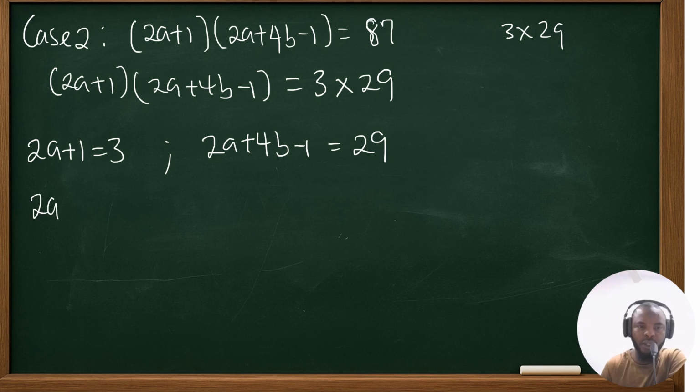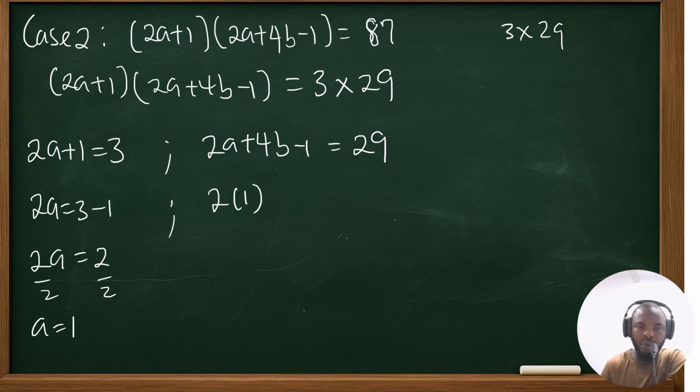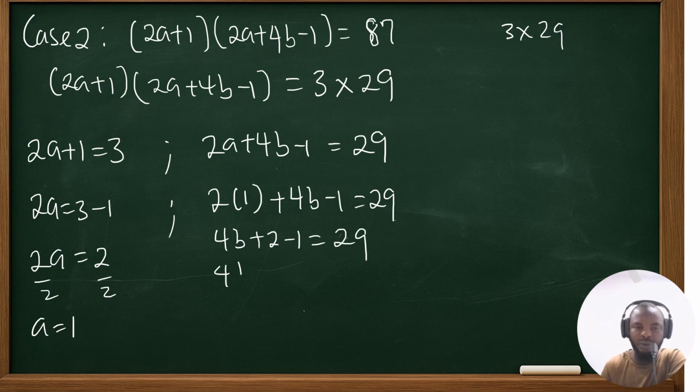So 2a equals 3 minus 1, 2a equals 2. Dividing both sides by 2, a equals 1. Since a equals 1, we have 2 times 1, plus 4b minus 1 equals 29. So 4b plus 2 minus 1 equals 29, which is 4b plus 1 equals 29. So 4b is 28. Dividing both sides by 4, we have b equals 7.